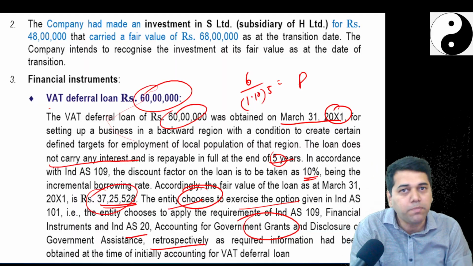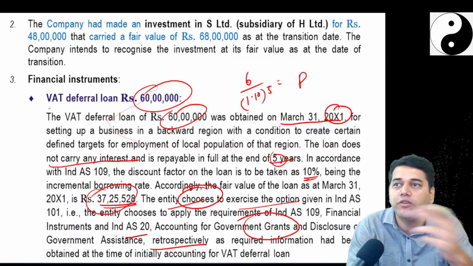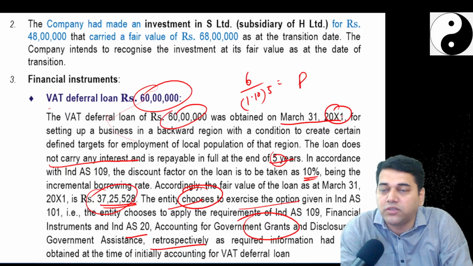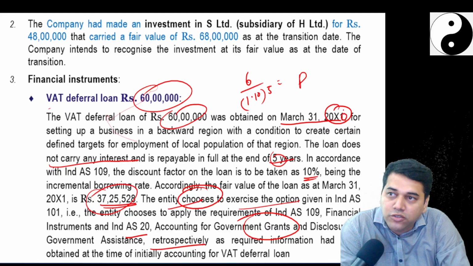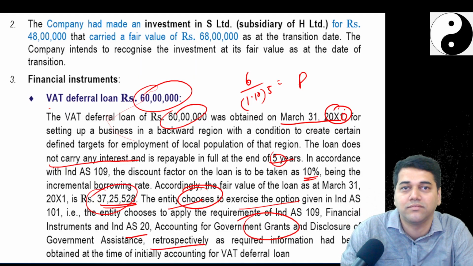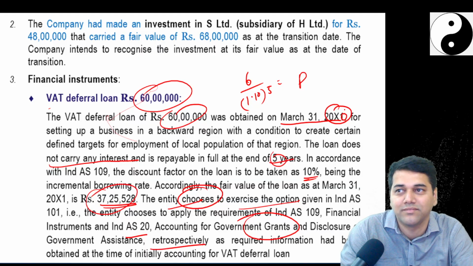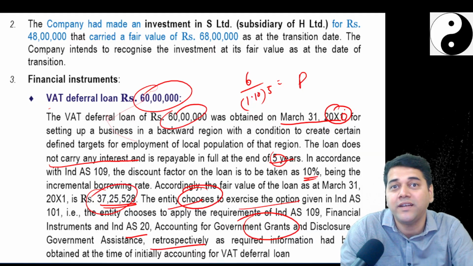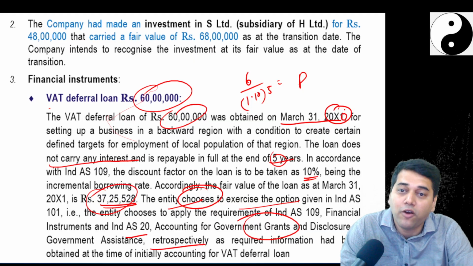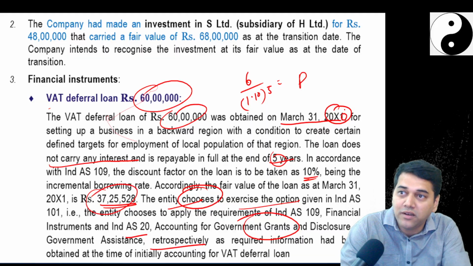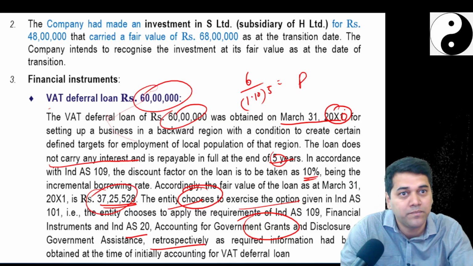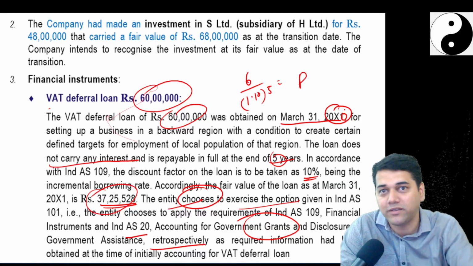So if I have opted, then on day one you have to do it retrospectively. In the exam, this 31st March 2011 can get turned into 2010. If they say that they have opted, you have to split one year before, and on 31st March 2010 you have to prepare an amortization schedule for 1 year.